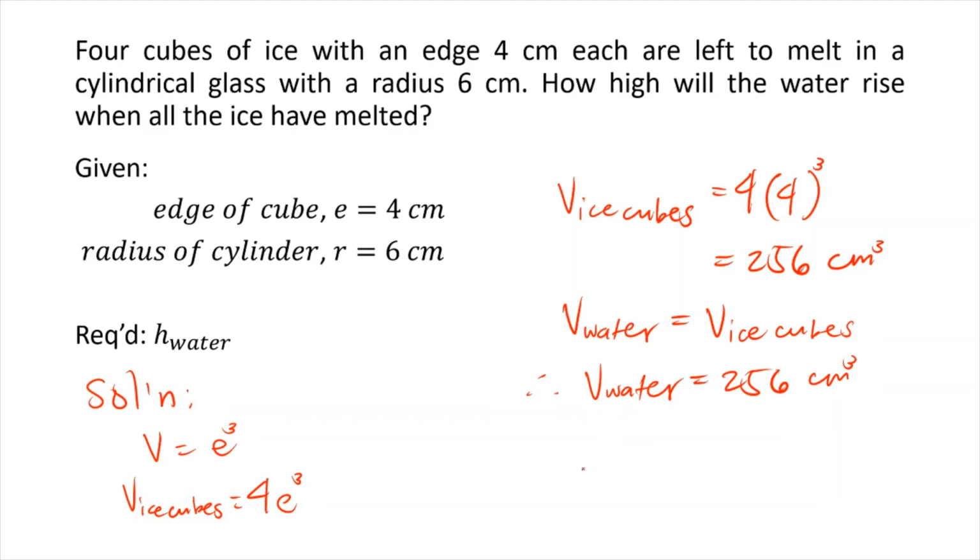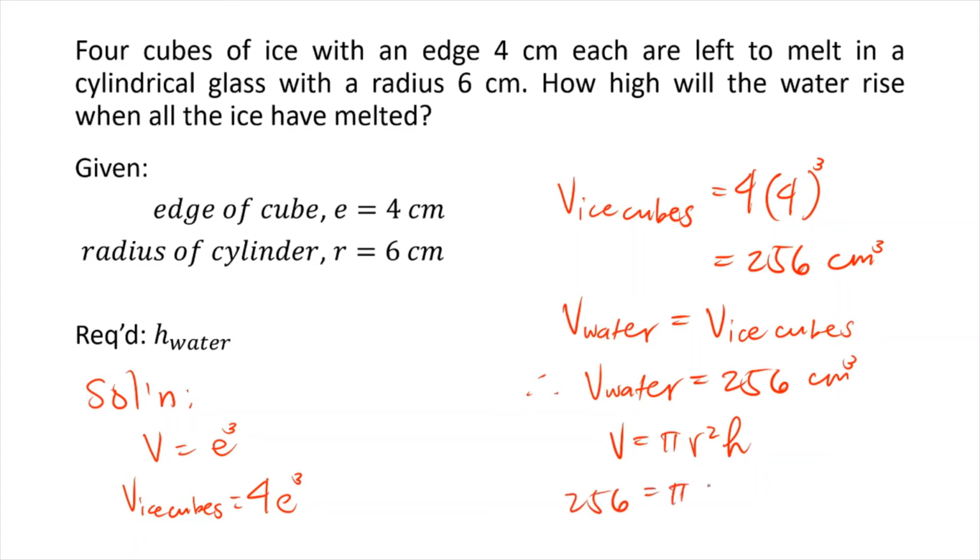The water will take the shape of the cylindrical glass. Therefore, our final working equation is the formula for the volume of a cylinder, which is pi r squared h. Let's plug in the values. So the volume of the water inside the cylindrical glass is 256 cubic centimeters.